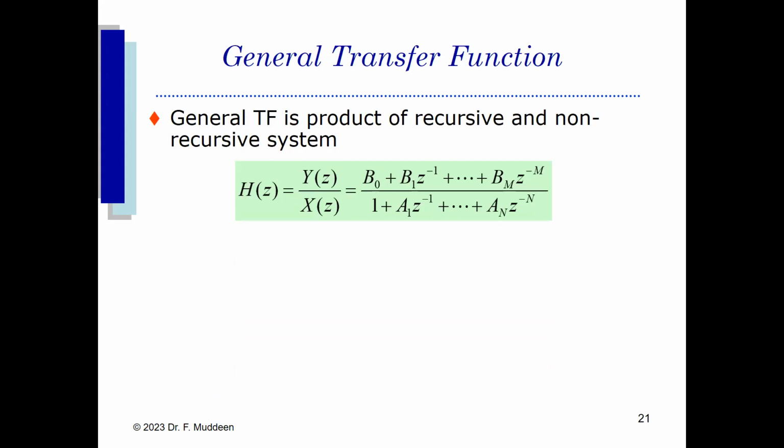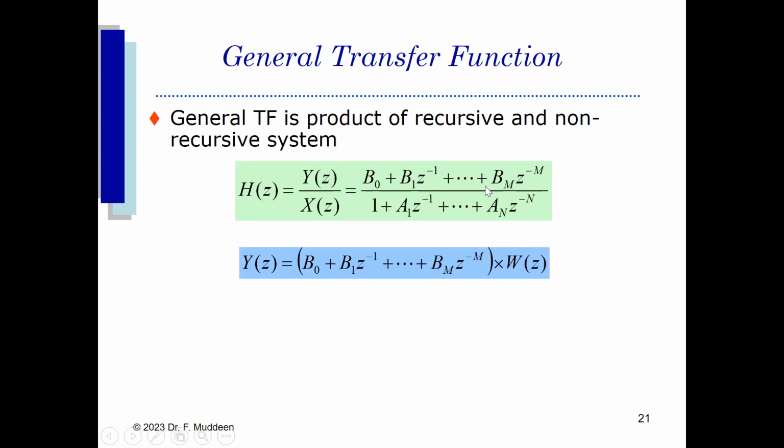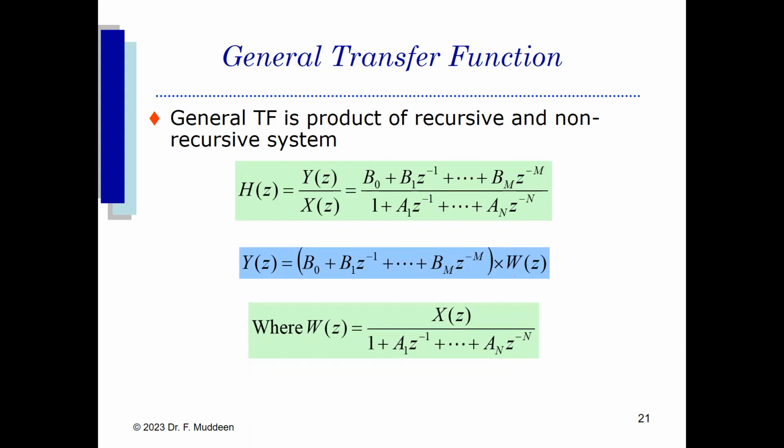So in general, a general form transfer function is a product of a recursive part and a non-recursive part. And if you want to look at it differently, I could express it like this. So I have Y(z) is equal to B(z) times W(z), and W(z) is X(z) over 1 plus A(z). So I've just broken it up. Fair enough?